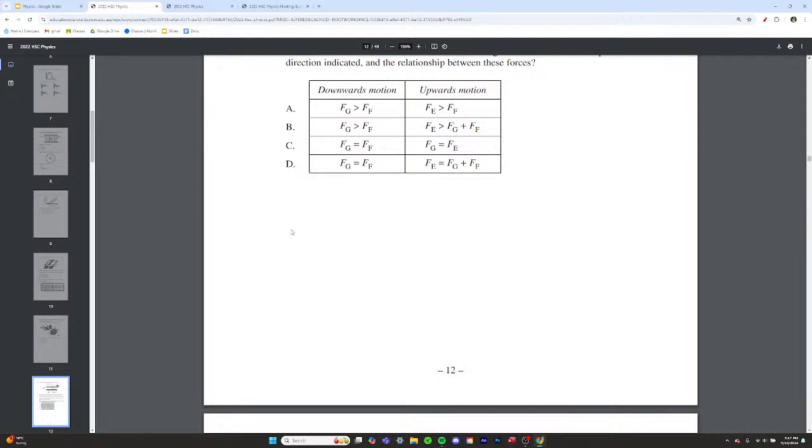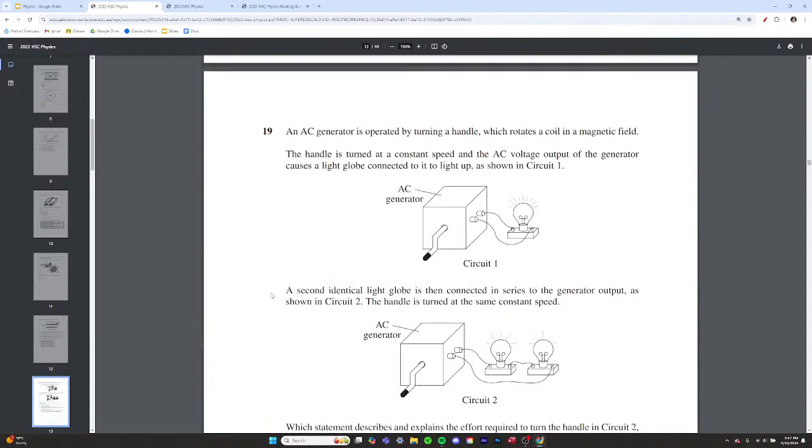Question 18. Add to the list. Generator converts kinetic to electrical.